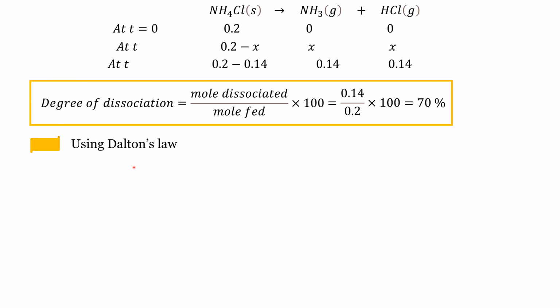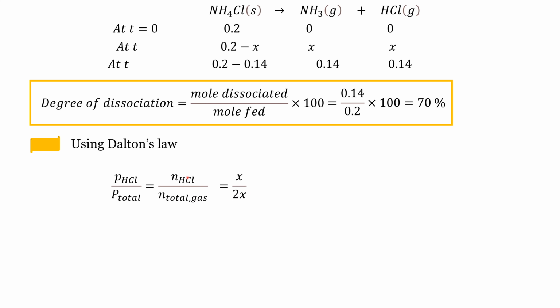Now, using Dalton's law, we can write the partial pressure of HCl. The partial pressure of HCl divided by total pressure equals the number of moles of HCl divided by total moles of gas.